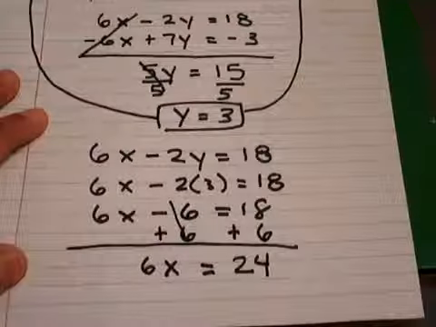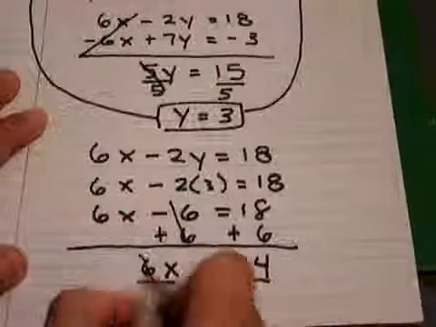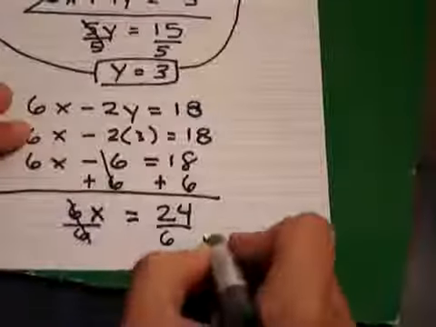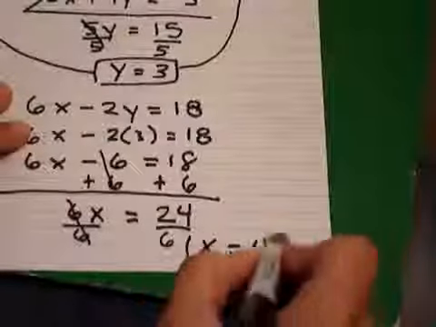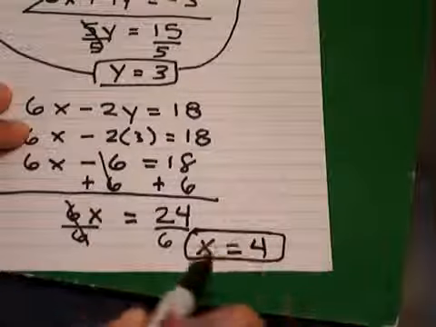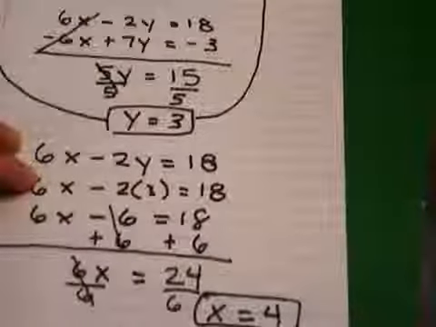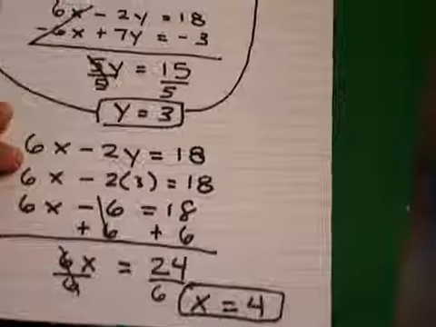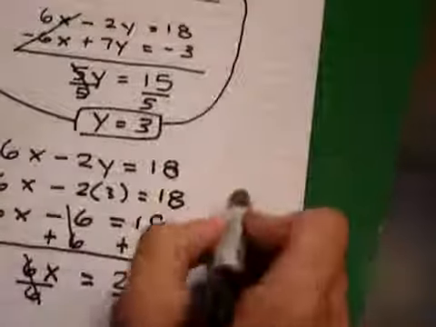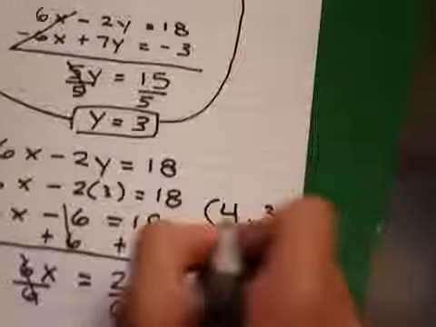Now to find the x, all you have to do is divide by 6, and you get x is equal to 4. So x is 4 and y is 3. Those are the answers for this system of linear equations by using the elimination method. When you write the coordinates, make sure you write 4, 3. That's the answer, (4, 3).